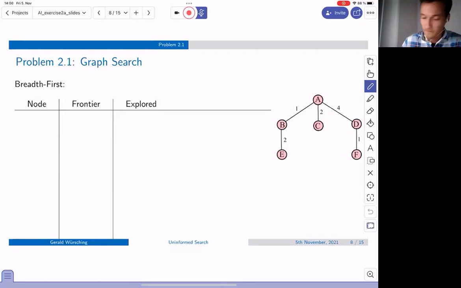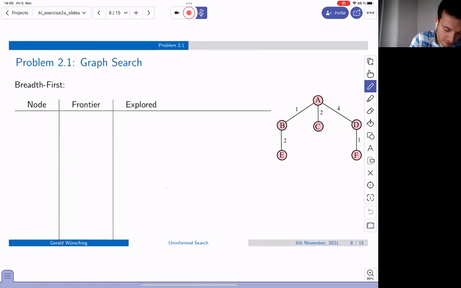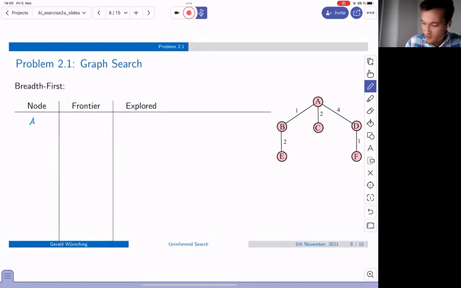Okay, so we're going to start with breadth first search. So the first node we're going to look at is obviously the start node, which is node A. So we're going to put in node A here. Now, what does our frontier look like? Maybe somebody can quickly write that in the chat. Yeah, BCD is correct.